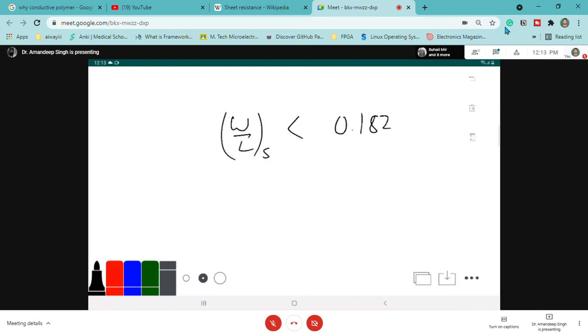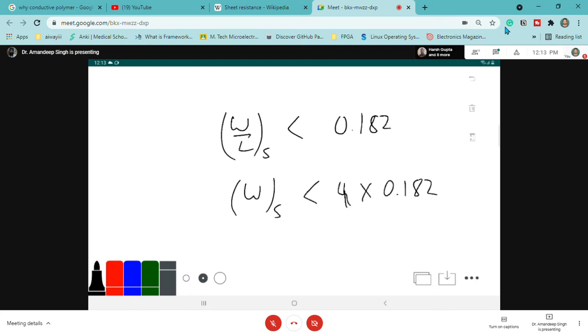Now after that, if you look at W by L ratio of M1 and M2 and then M3 and M4, you will find that L for both is 4. So W of 5 is less than 4 into 0.182, if you take L as 4, because L for M1, M2 and M3, M4 is 4.